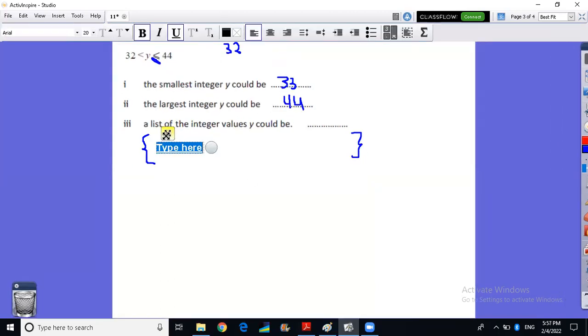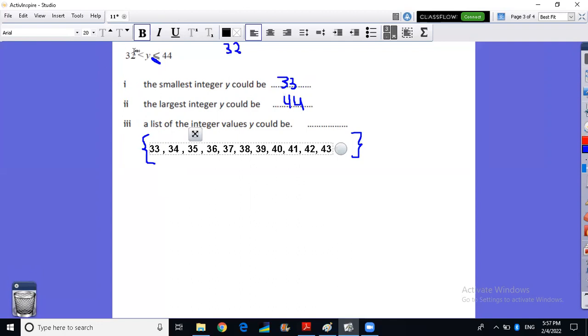A list of integer values y could be. Well, they said here y is greater than 32, so I cannot take 32 with me. It can be 33, 34, 35, 36, 37, 38, 39, 40, 41, 42, 43.